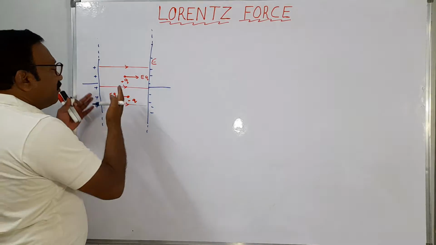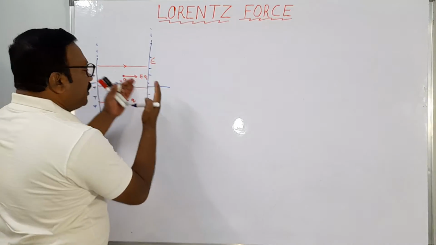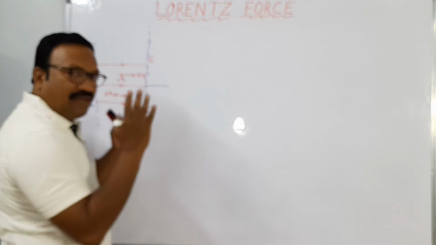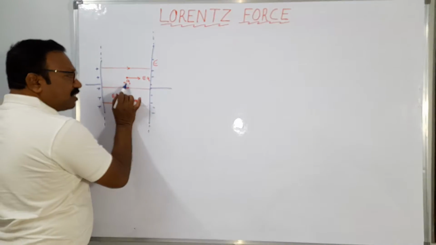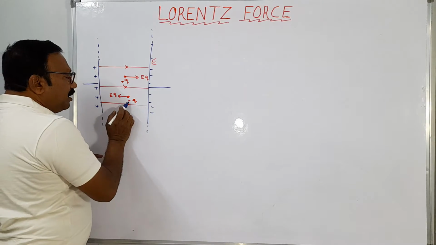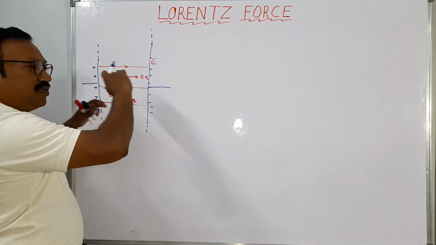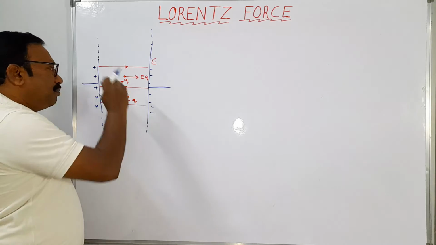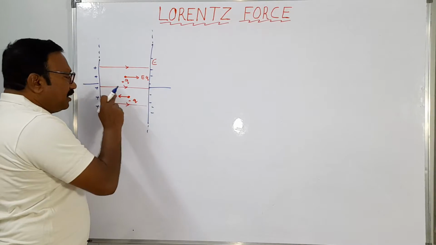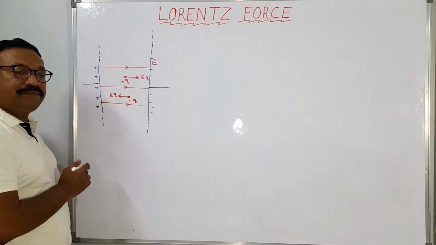Then there will be an electric field between the positive plate and the negative plate. A uniform electric field will exist. Naturally, a positive charge will be attracted towards the negative plate and a negative charge towards the positive plate. So they move in opposite directions: positive charge in the direction of the field, negative charge opposite to the field.